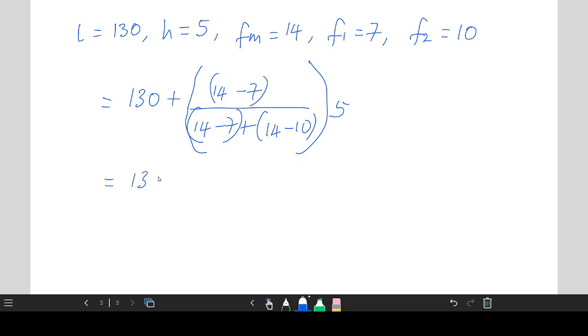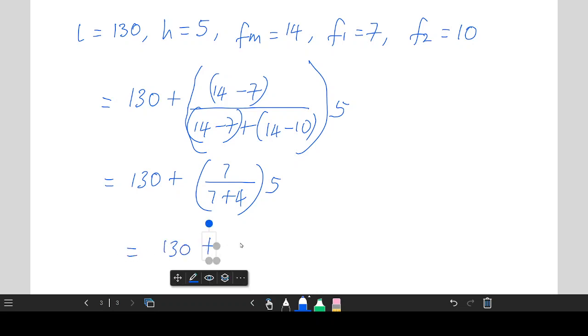Then we get 130 plus 7 over 7 plus 4, all times 5. And this will give us 130 plus 3.18. Simplify to 133.18. So the mode for this group data is 133.18.